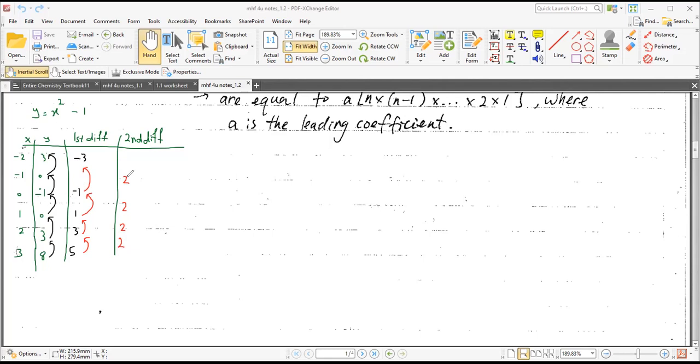As you see, we have the same number for the second difference.